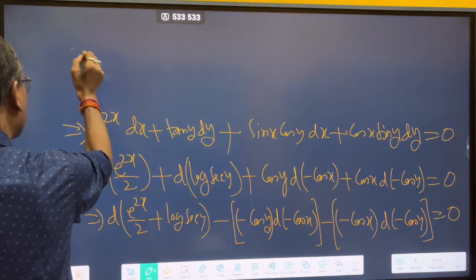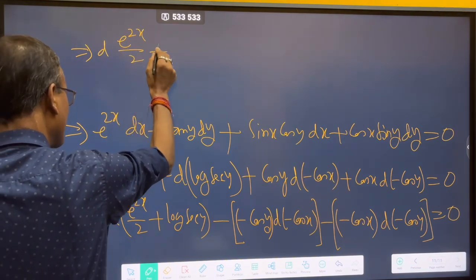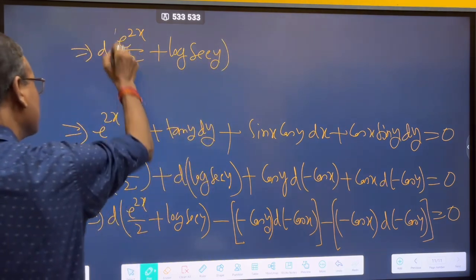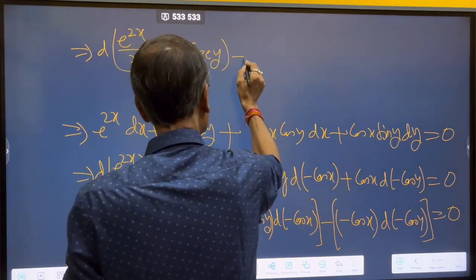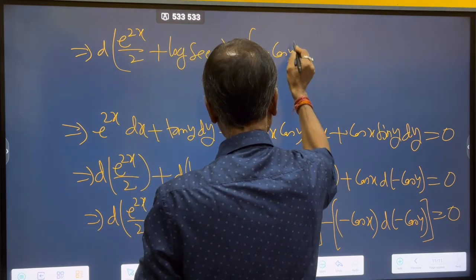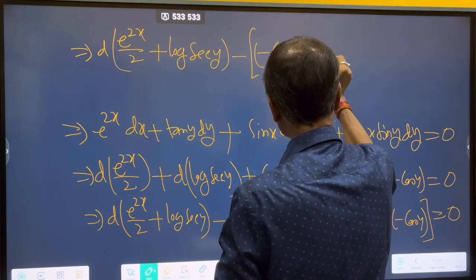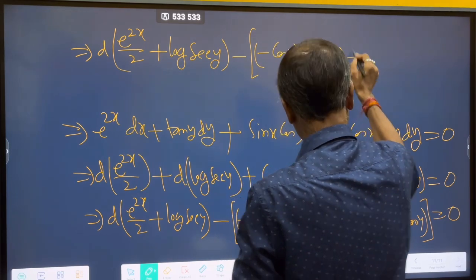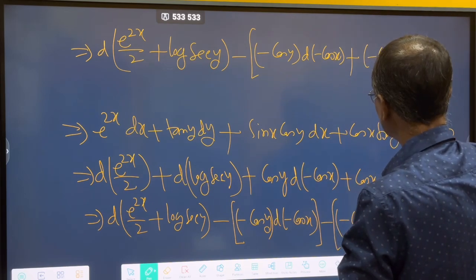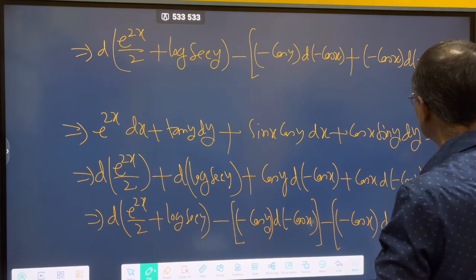This means d of e to the power 2x by 2 plus log of sec y, minus cos y, minus d of minus cos x, plus minus cos x d of minus cos y, this is equal to 0.